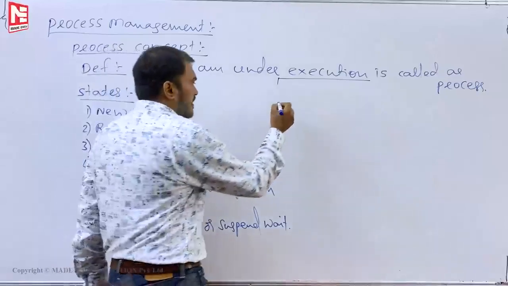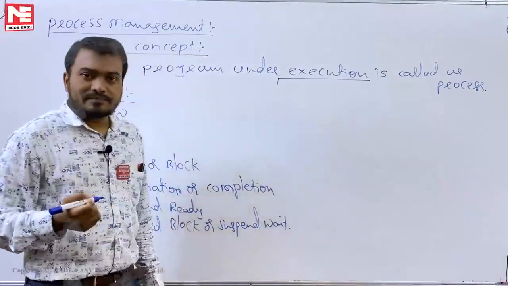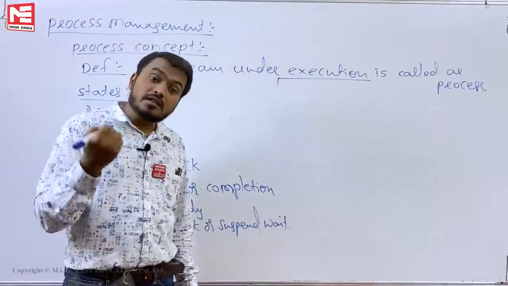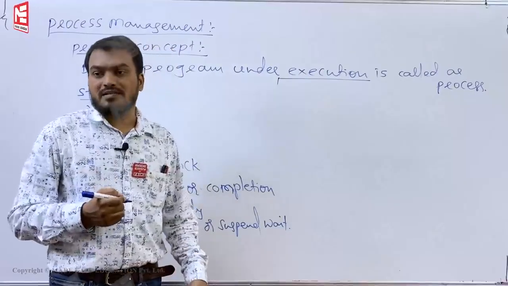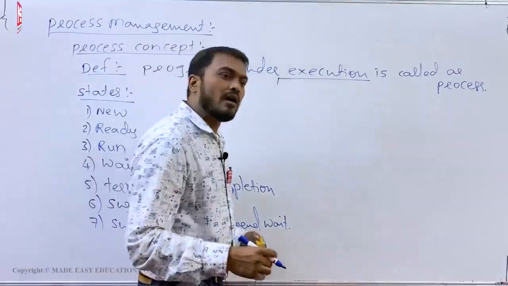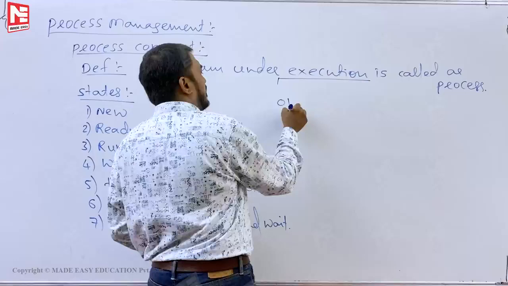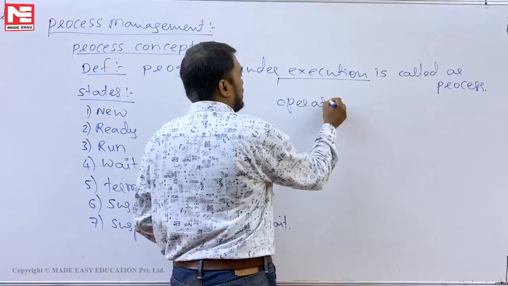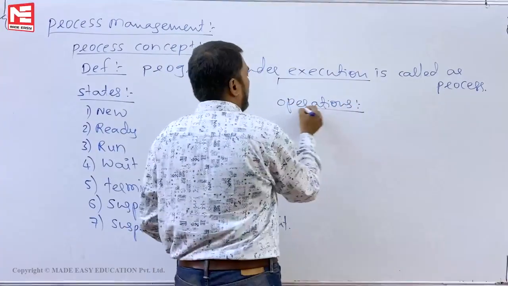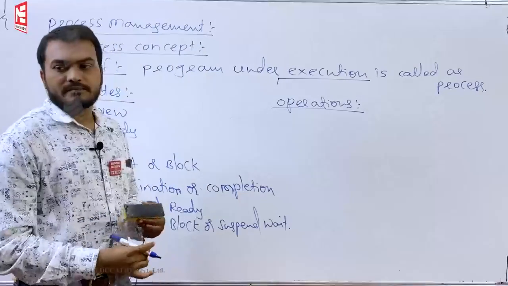We will discuss later. Next, if you take any process, various operations will be performed on the process. So what operations do you perform? Note down the various operations performed on the process.